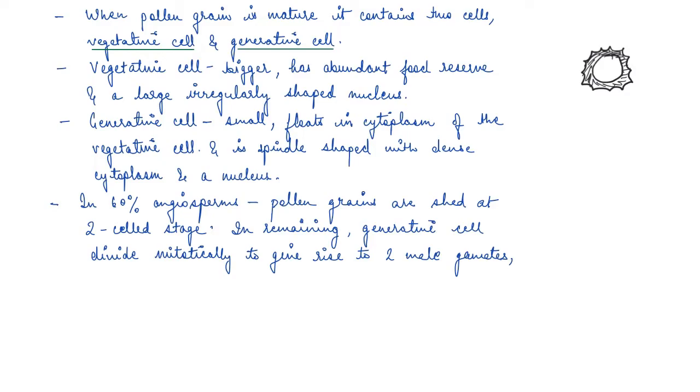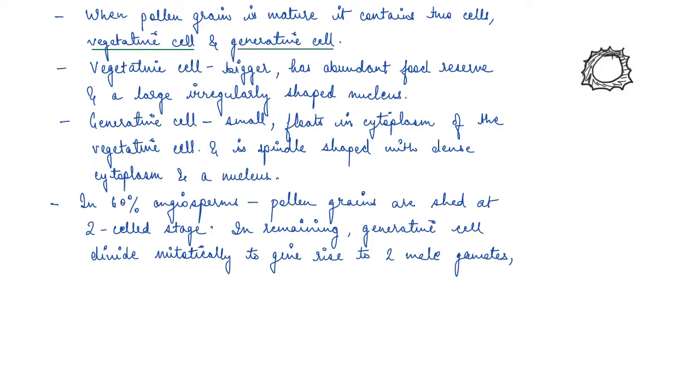So basically in over 60% of angiosperms, the pollen grains are shed in the two-celled stage. Okay, and in the remaining species, the generative cell divides mitotically to give rise to two male gametes before pollen grains are shed, which is a three-celled stage.